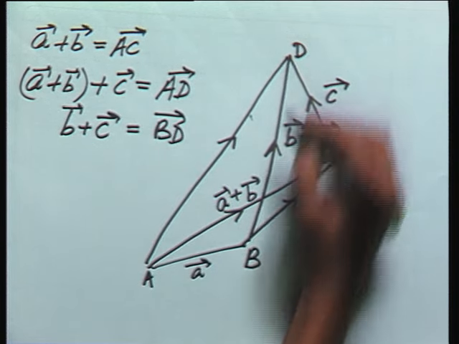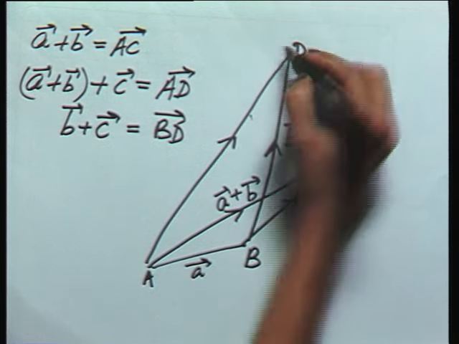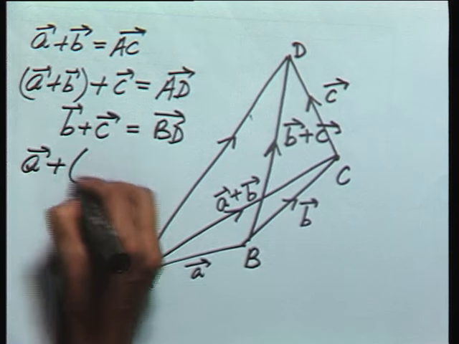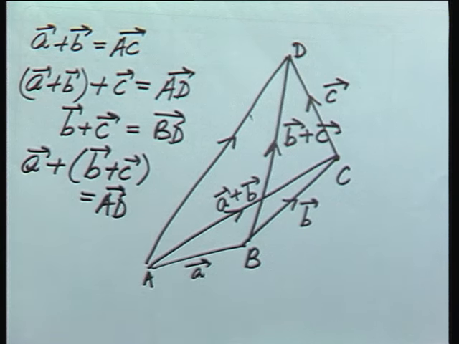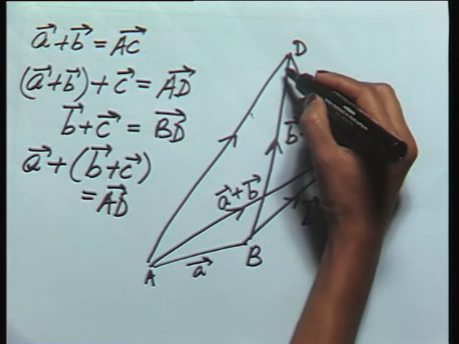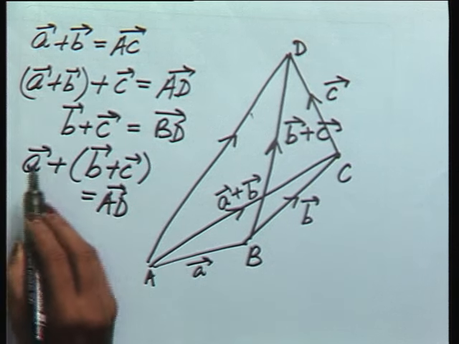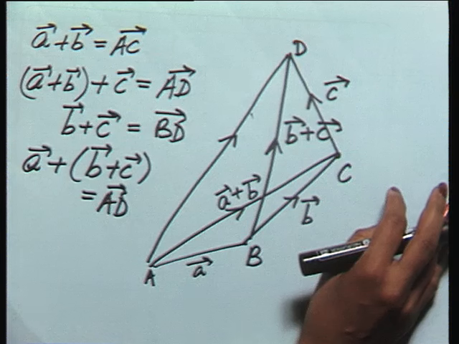And let us apply the triangle law once again to get A plus (B plus C) is equal to AD. In other words, the vector AD represents both (A plus B) plus C as well as A plus (B plus C). And so we have proved that the associative law is true for vector addition.